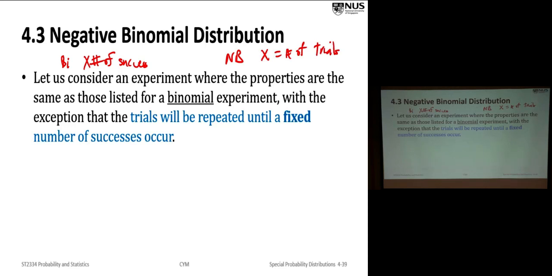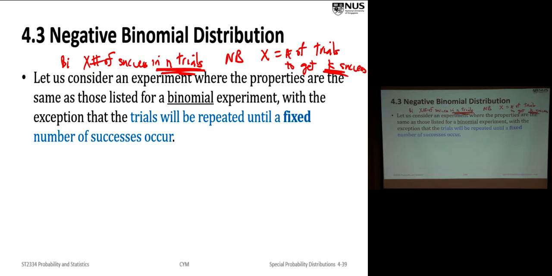So what's the difference? This is the number of successes in n trials, so the number of trials is fixed. This is the number of trials to get k successes. So we fix the number of successes and see how many trials we need in order to get them.